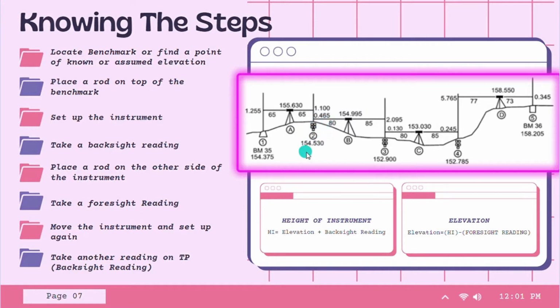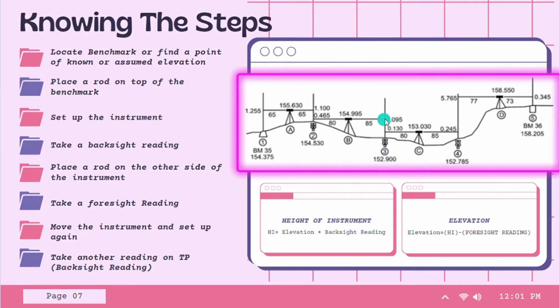154.530 plus 0.465, we have 154.995. This will be our new instrument height in station B. We then place a rod here for station 3 for us to take a foresight reading. It is a foresight reading because there is no known elevation here yet.